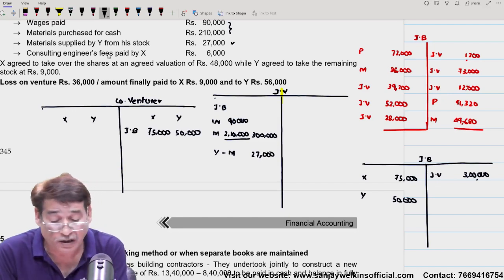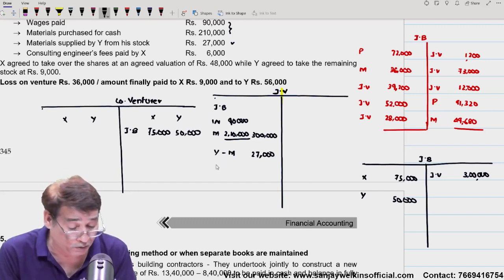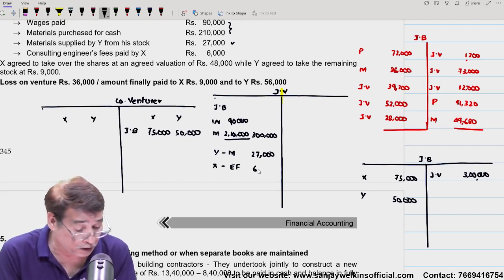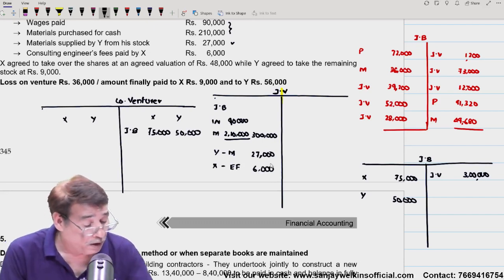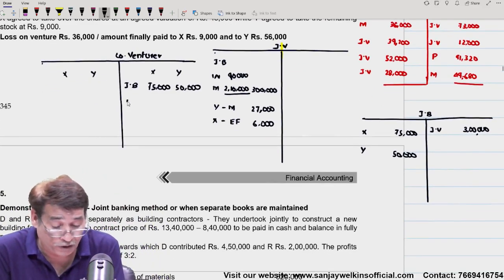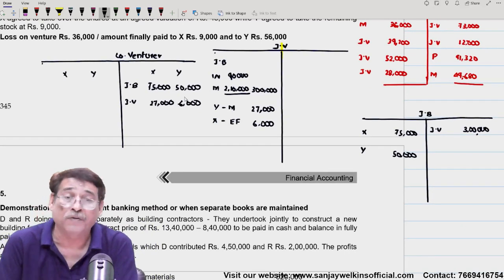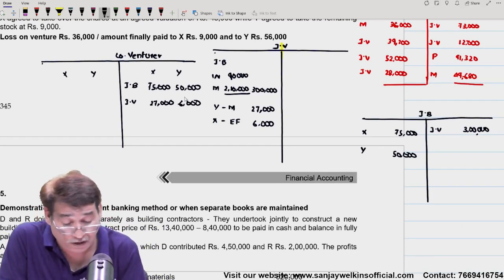And similarly, consulting engineer fee paid by X. So we will write joint venture account debit to X account, engineer's fee, that is equal to 6,000. So we will cross it to the co-venturer account. On the credit side of the co-venturer account, we will write by joint venture 27,000 in the column of Y and 6,000 in the column of X. Is it clear to you? Yes, sir, it is clear.